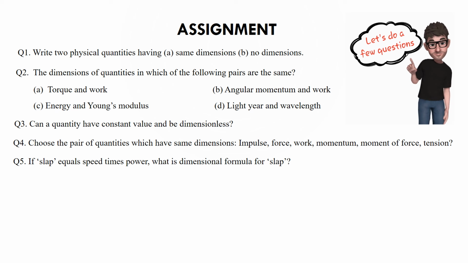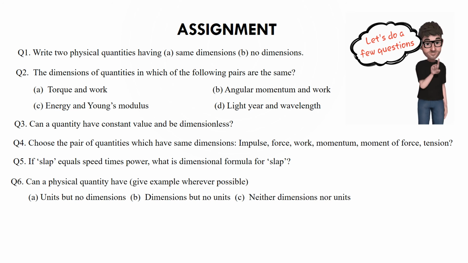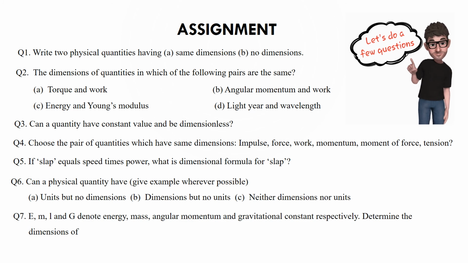Now this is interesting. If slap times speed is equal to power, what is the dimensional formula for slap? Now, can a physical quantity have a unit but no dimension, dimensions but no unit, neither dimension nor unit? Give examples wherever possible.